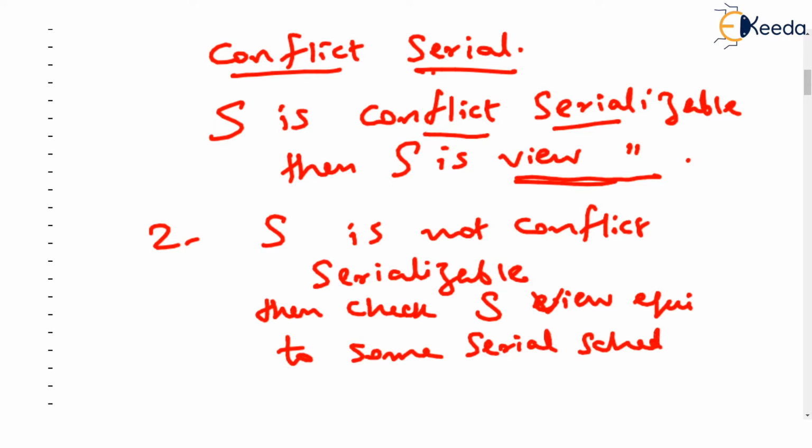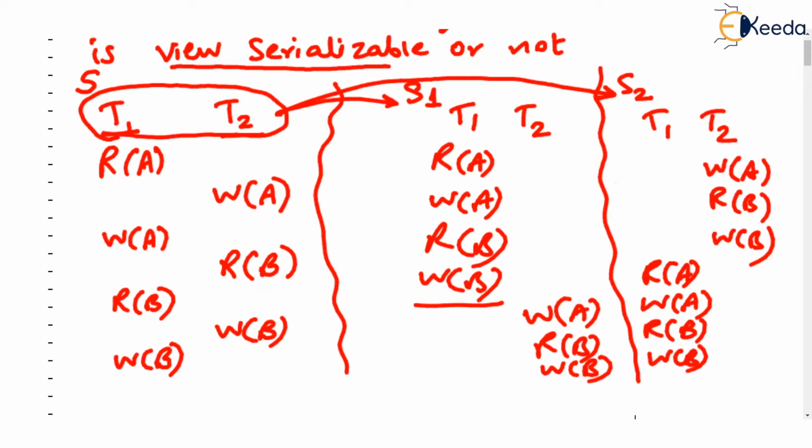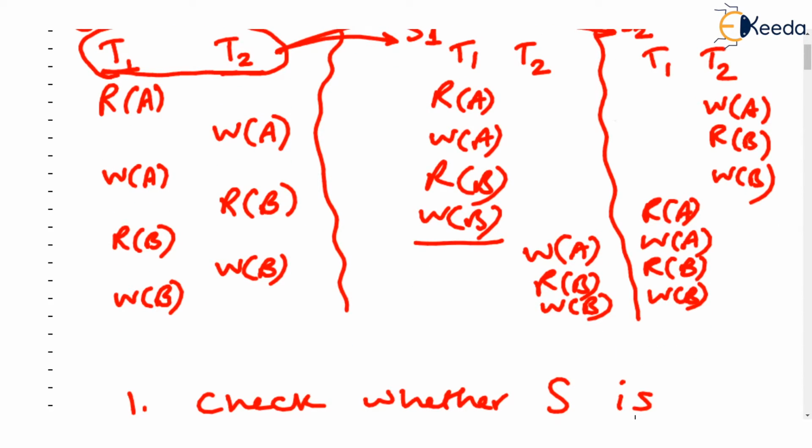I hope you're understanding. So you will check the serial schedules' equivalence only if it is not conflict serializable. So this process, which I was telling, to check whether S is view equivalent with S1 or with S2, can be checked after conflict serializability. So let's check conflict serializability. I assume that you know how to check conflict serializability.